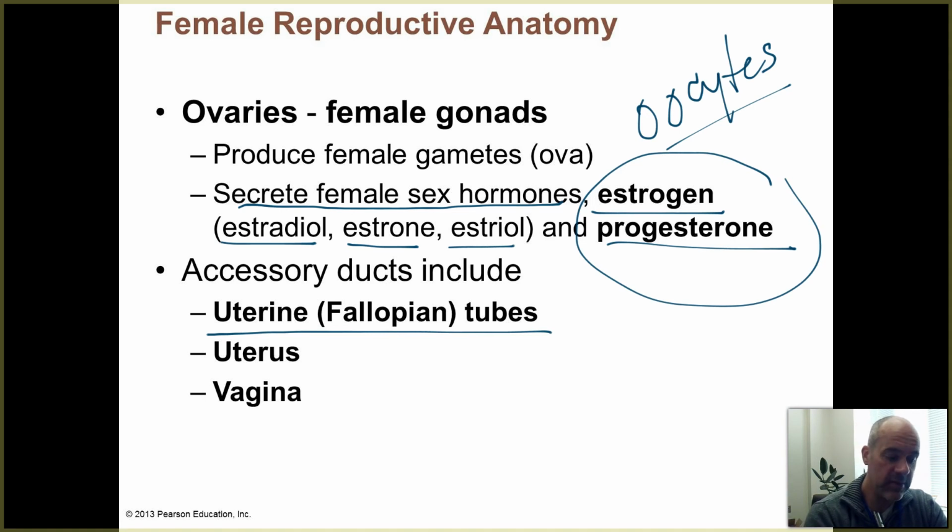And the uterus is also technically a reproductive duct, even though we don't usually consider it a duct because it's more of an oval-shaped organ. And of course, the uterus is where a developing embryo will implant and develop during a pregnancy. And then finally, the vagina is technically a duct, one of these reproductive ducts as well.